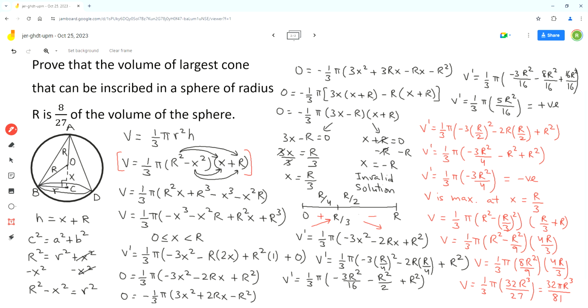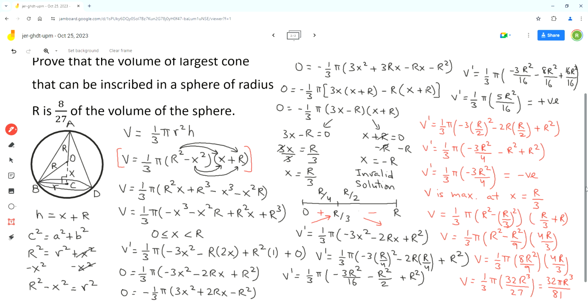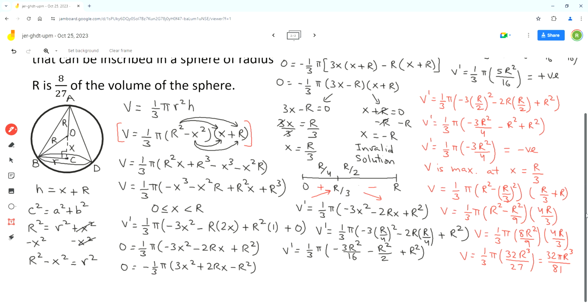We have to prove that the volume of the largest cone is 8 over 27 of the volume of the sphere. The formula for volume of a sphere is 4 over 3 pi R cube. So we should multiply this formula by 8 over 27 and check if we get the expression for the volume of the cone.